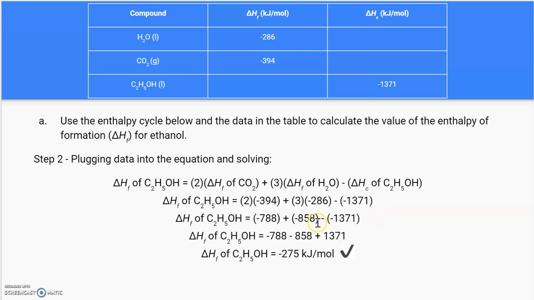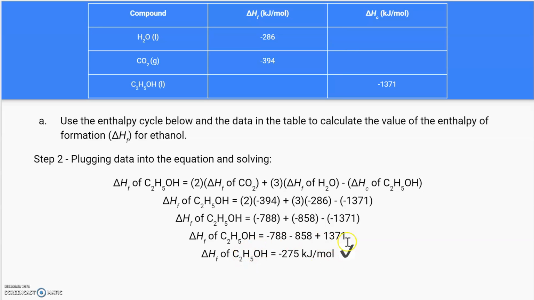If we simplify all that, in the end, we have that the result is the addition of negative 788, negative 858, and positive, as the negative changes the negative within the parentheses, 1,371.